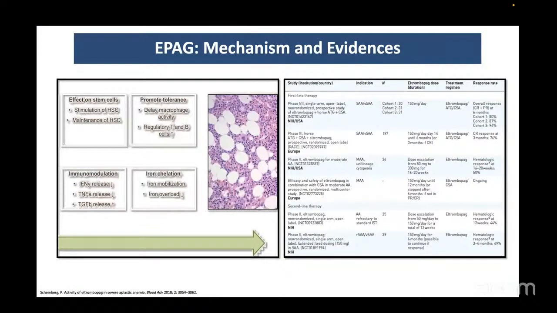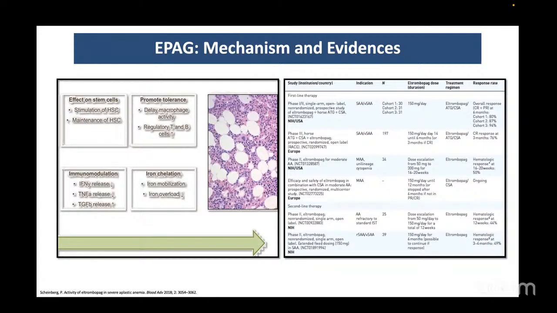So the mechanism. It has a wide, multifaceted role in severe aplastic anemia patients. It acts on the stem cell level by stimulating the HSCs and maintaining the HSCs. It promotes tolerance, so delays macrophage related activity. It increases the TREGs, which are the regulatory T cells, thereby reducing inflammation in the bone marrow.